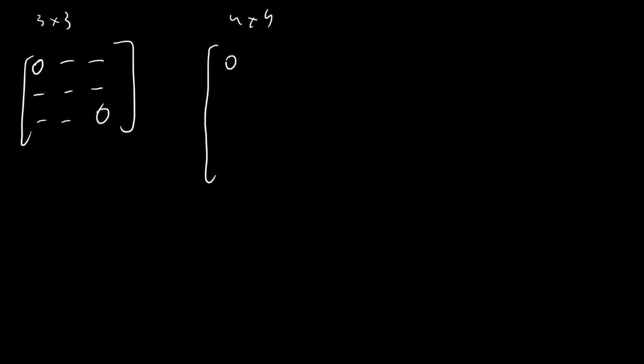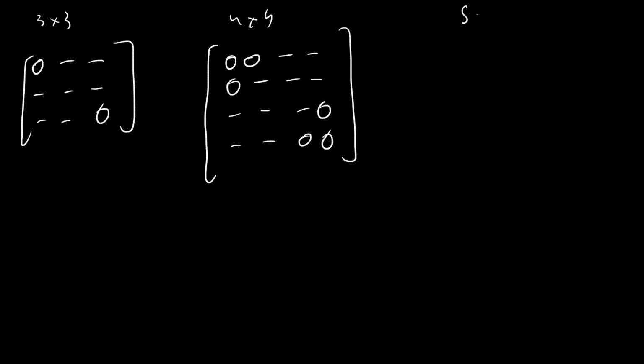So for 3 cross 3, we received something of this sort. For 4 cross 4, we receive something of this sort, and for 5 cross 5, we receive something of this sort.